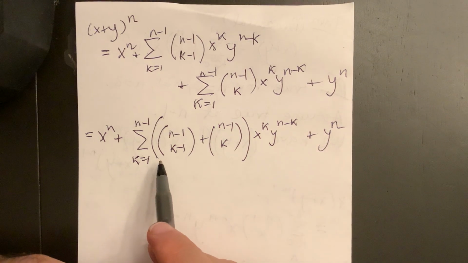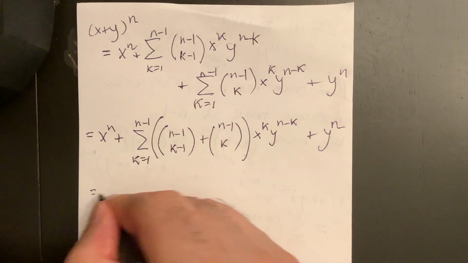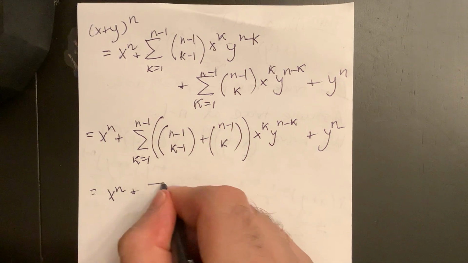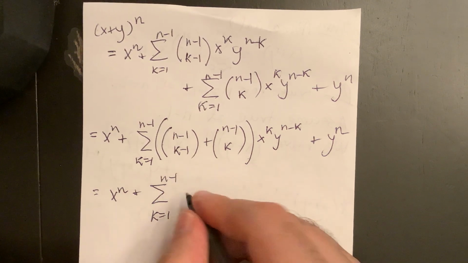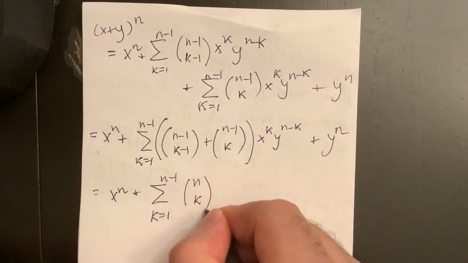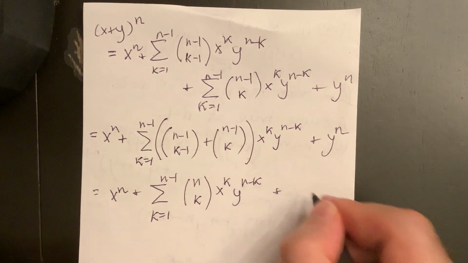Okay, but we just proved this identity. This is just n choose k, right? So this is equal to x to the n plus the sum k equals 1 to n minus 1, n choose k, x to the k, y to the n minus k, plus y to the n.